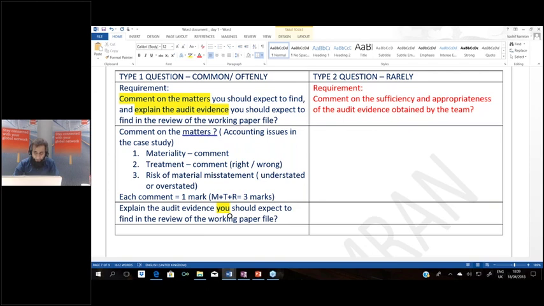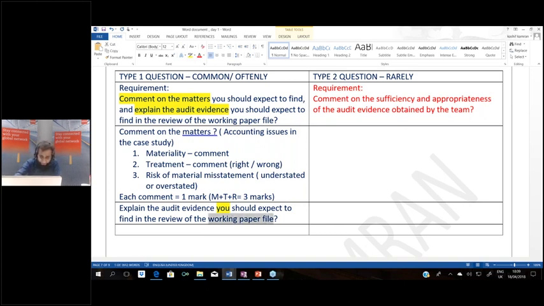A lot of the time, students get confused between writing a procedure and writing an evidence, which I will be illustrating today as well. But the question is not asking you for procedure. The question is asking you for audit evidence, which you should expect to find in the working paper file.